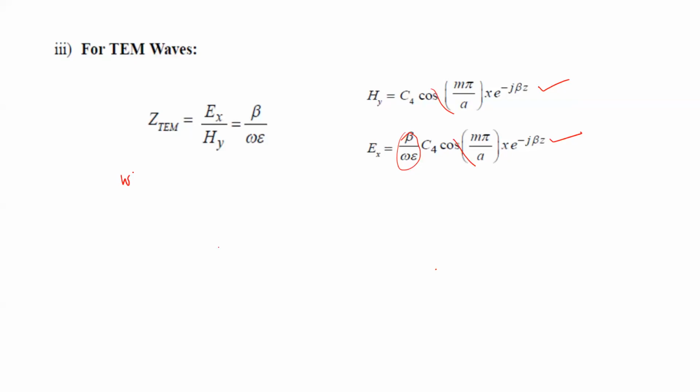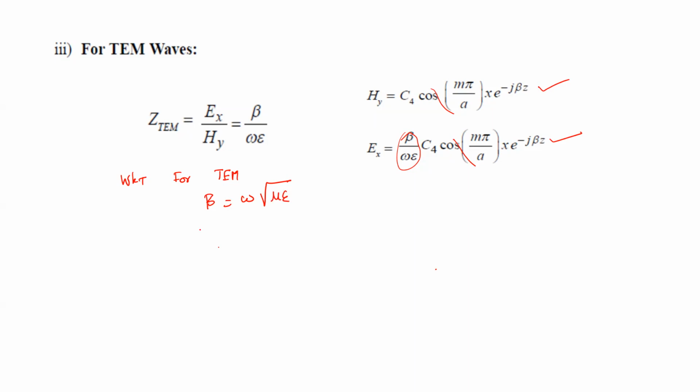We know that for TE and TM, beta is given by 2 pi root mu epsilon into root of f square minus fc square. But for TEM waves, this beta is given by omega into root mu epsilon. This is the expression for beta for TEM waves.